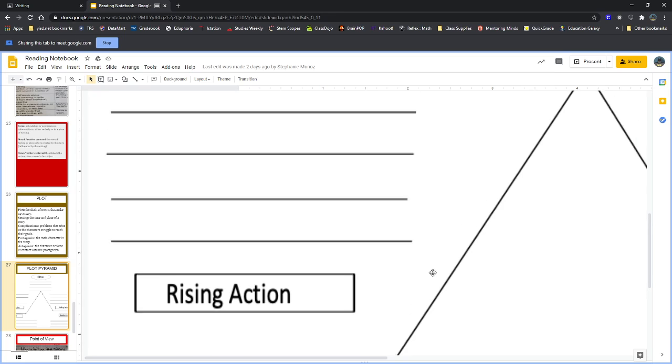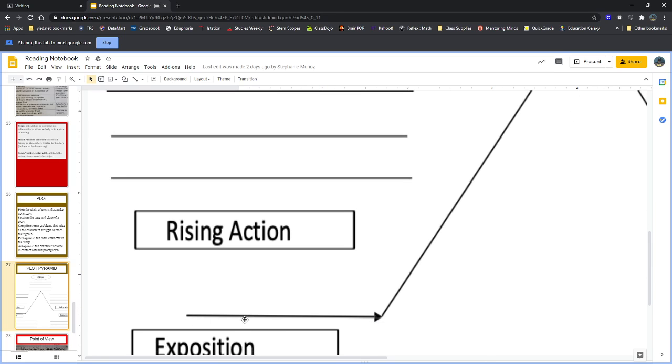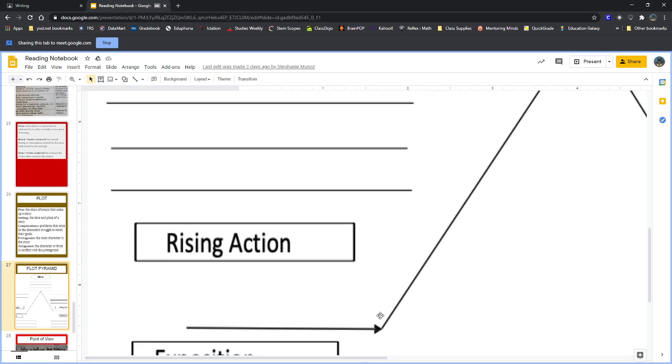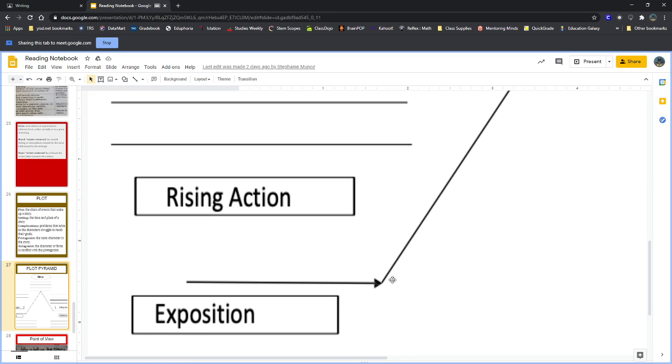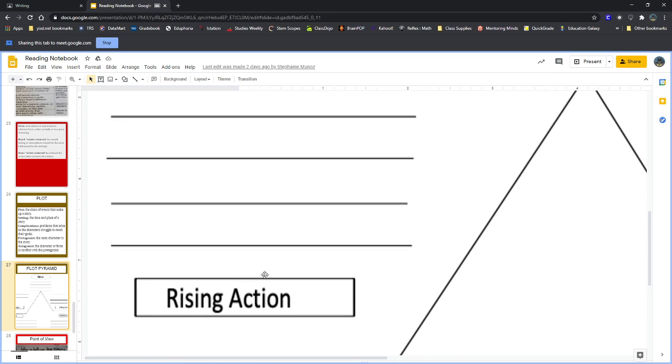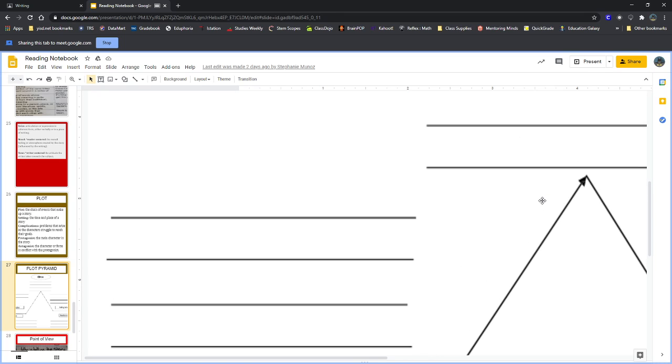Now this next part kind of messes a few people up. So you see how it starts out flat and then it starts to go up toward the top. This part of the book where it goes up is called the rising action. Rising because it goes up.